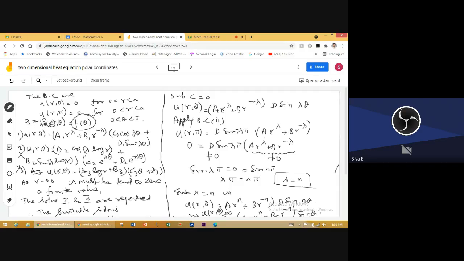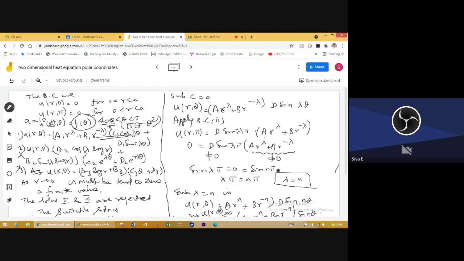So substituting a equal to 10, u of 10 comma theta equals 400 by pi into pi theta minus theta square. Only one change is there; the other steps are the same.